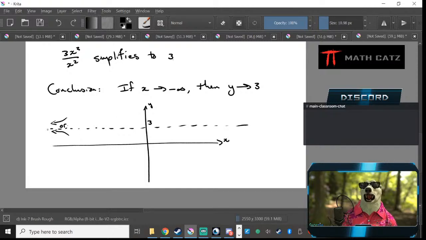Regardless, it wants to become a horizontal line as much as possible, and I do that by just going further and further to the left. So that then means, because I am approaching a specific number, I have a horizontal asymptote, which is y equal to 3. It's the equation of this horizontal line.